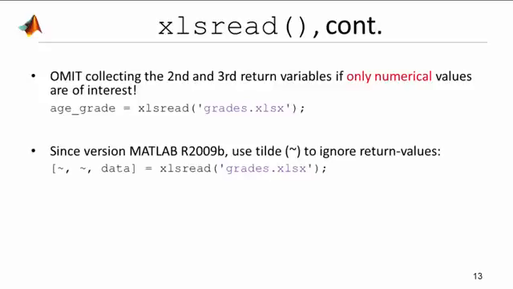So, since 2009b, we can use the tilde to ignore the return values, but they must be written, and even better, the commas have to be there. We don't want the first return value, we don't want the second return value, but we want the third return value. While you could write num in my text, again, you'd be wasting memory, so might as well not collect them.